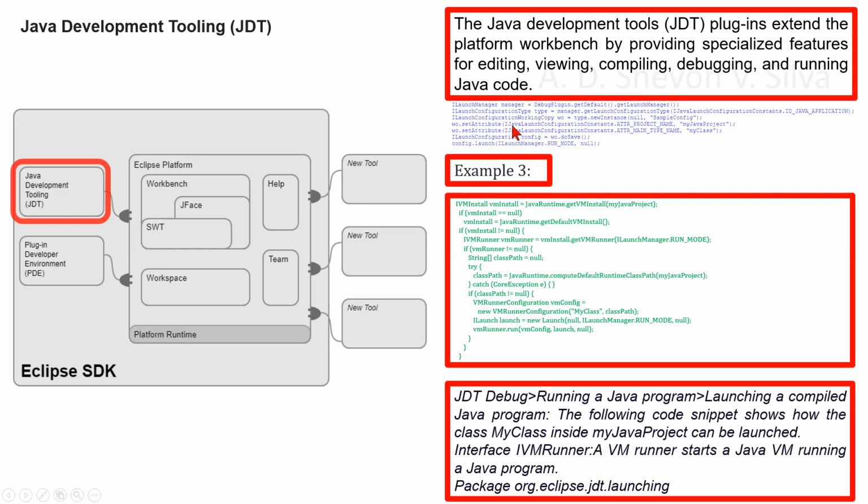The following code example shows how MyClass inside MyJavaProject can be launched using a simple launch configuration. By default, the resulting running application uses the JRE and the class path associated with my Java project.